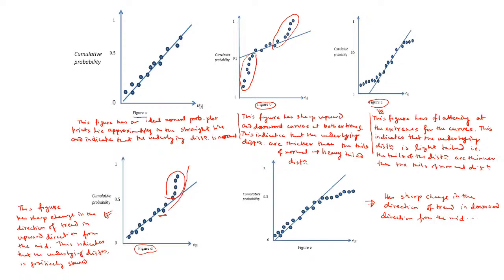This indicates that the underlying distribution is negatively skewed. See that? This is the middle portion, and then see that downward direction. The trend is in a downward direction. Okay.